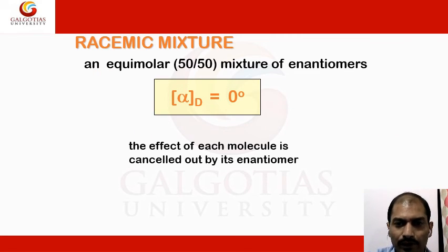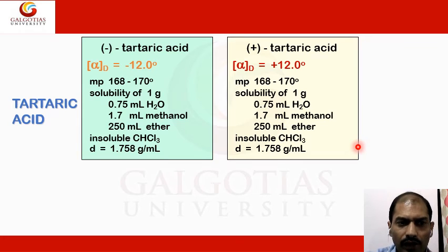Here you can see many more examples, like tartaric acid, which has alpha of minus 12 degrees, and plus tartaric acid, which has plus 12 degrees.